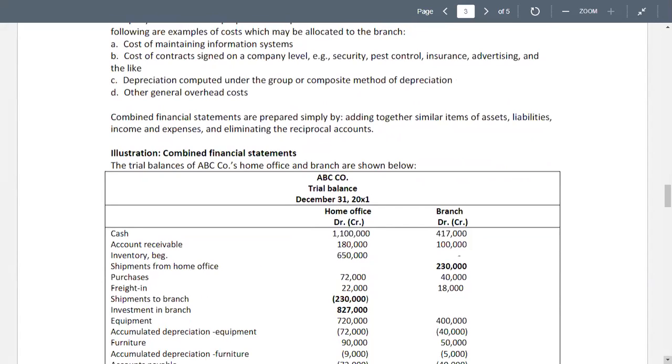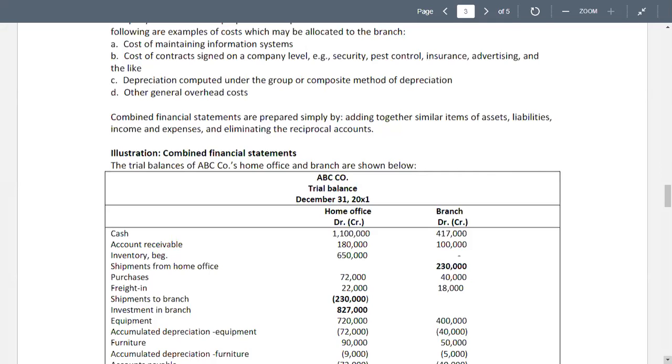So the trial balances of ABC Company, home office and branch, are shown below. We have now the trial balance of the home office here, and we have the branch, debit, credit.